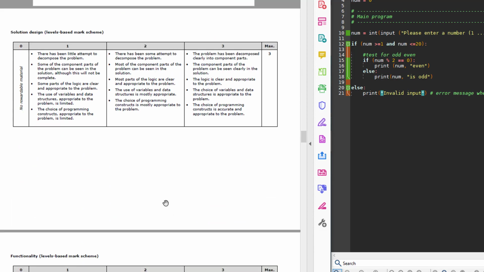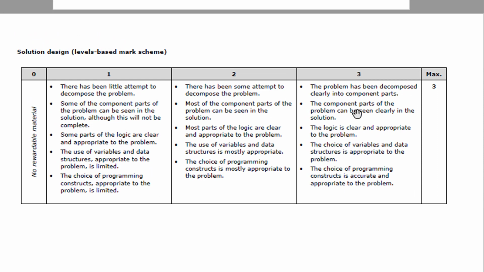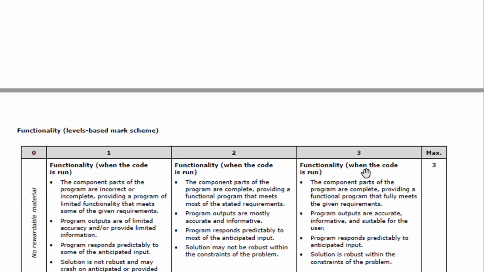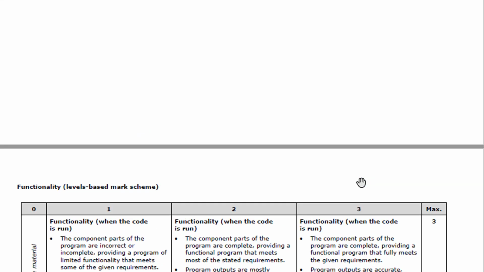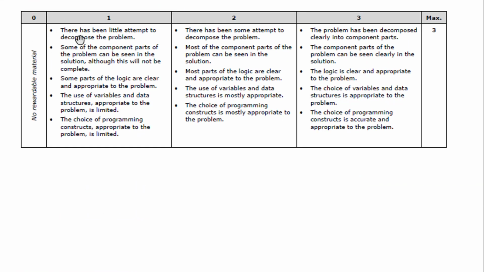So let's have a quick look at that. Solution design will be if it's clear and appropriate logic to the problem, and then the functionality is if it works. So ostensibly here you could get 3 marks for a completely fully working solution, even if the solution design has been very unclear and ill chosen functions.